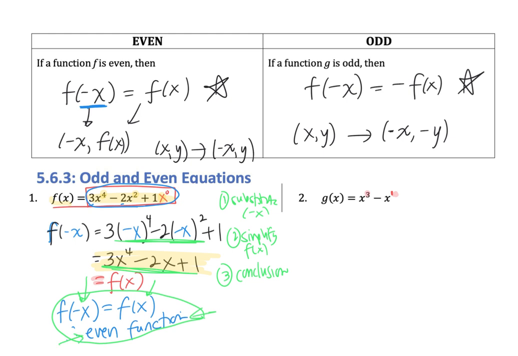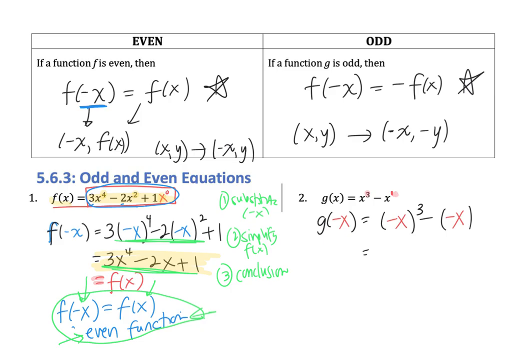So let's try the same process for the next one. Step number 1. I am going to substitute in a negative x. So everywhere I had an x, I'm going to put a negative x, negative x, negative x. Now I'm going to simplify this function.